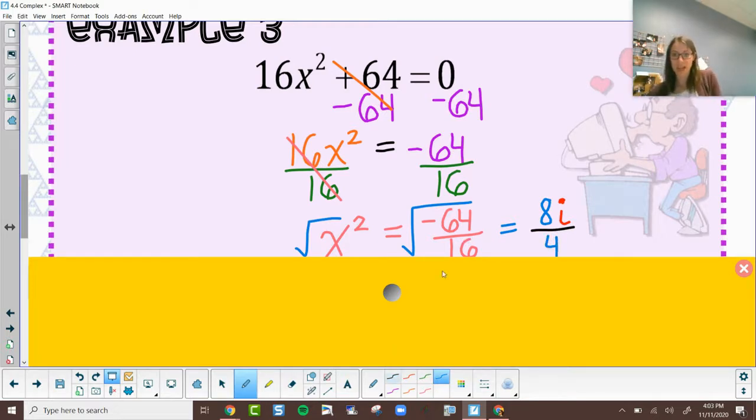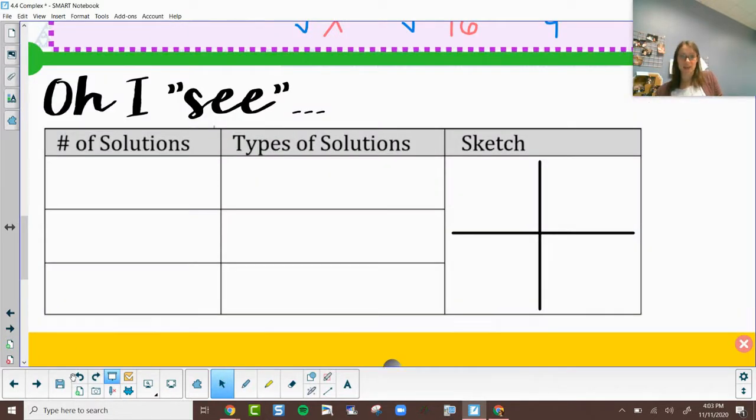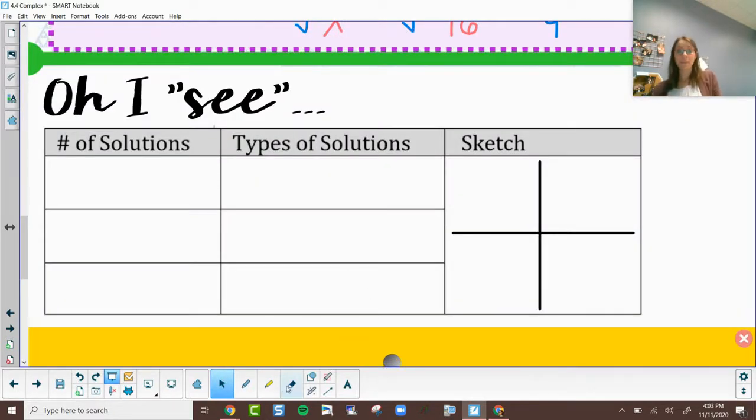Well, look at that. 8 over 4. Here's the biggest thing. Remember when you take square roots? Plus or minus. So we have plus or minus 2i. No real part on this one. Final answer. On here, so really we've encountered a couple different situations so far. We've encountered one where we have 2 real solutions.